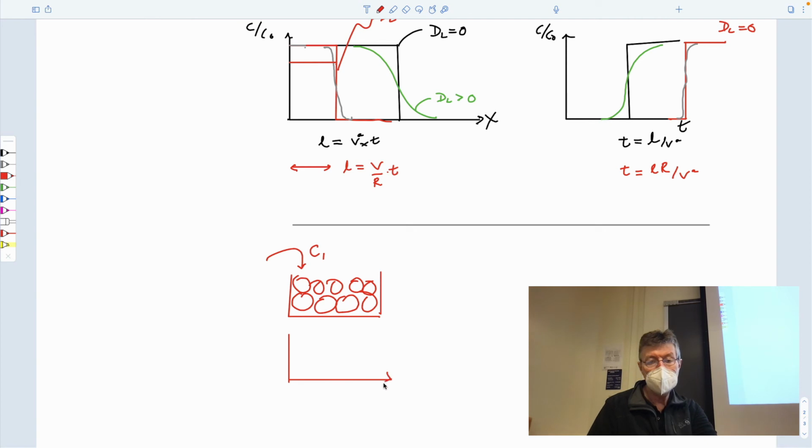So not with time, but with space. I guess this would be C1.